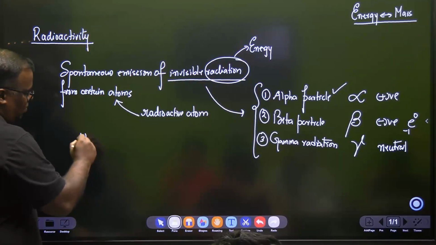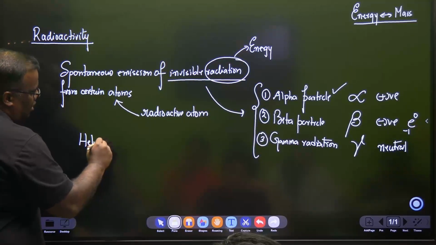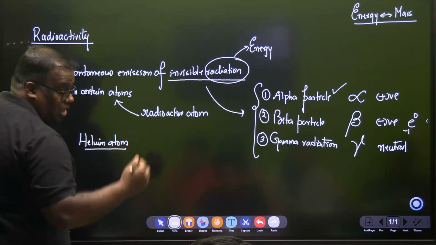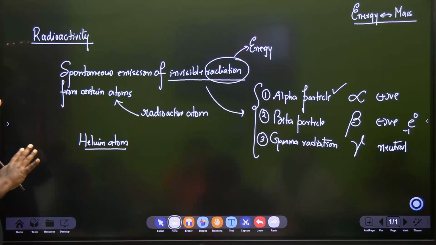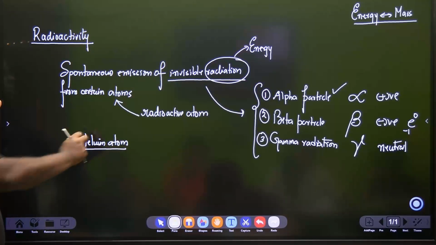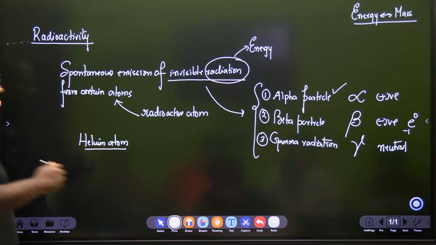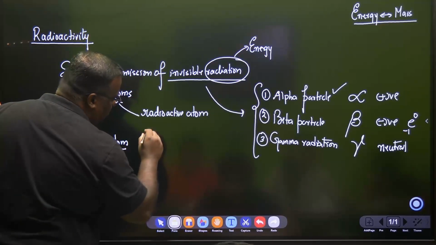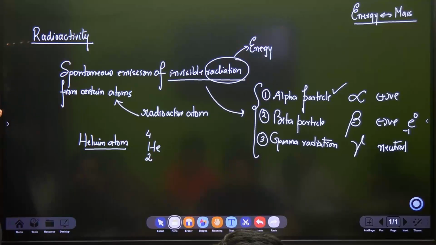To understand alpha particle, we should first understand the helium atom. Alpha is not helium. Many children think alpha is helium. No. This is the closest match by analogy. Let's see what is helium. Helium is something whose atomic number is 2 and mass number is 4. Got it?